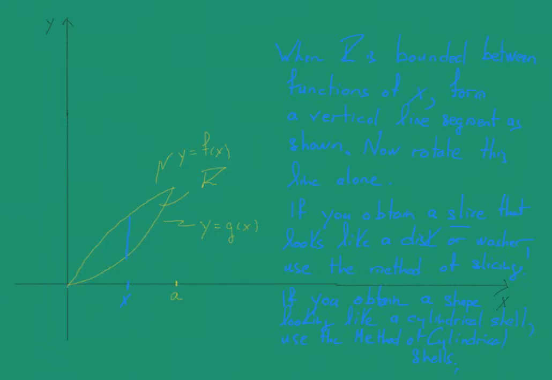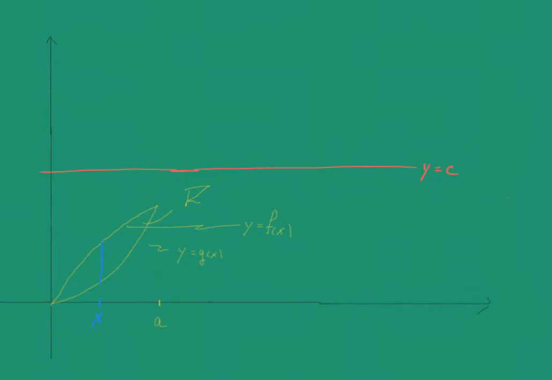Now I'm going to say exactly what's going to happen depending on whether or not you're supposed to be rotating about a vertical line or a horizontal line. In this case here, we're supposed to rotate our region R about the horizontal line y equal to c for some number c.